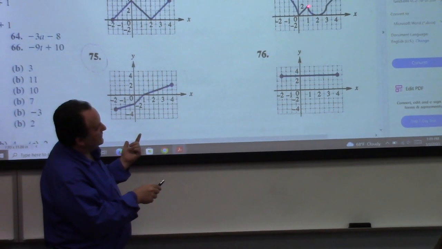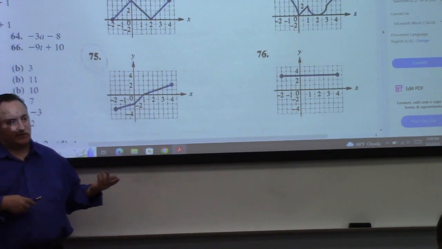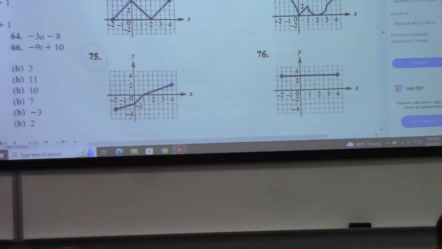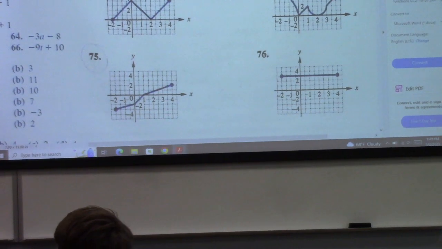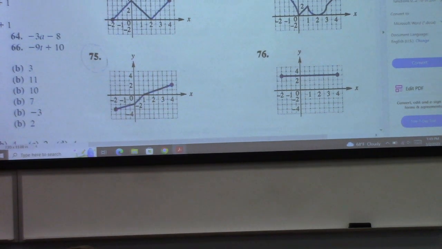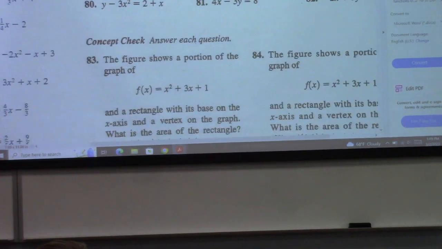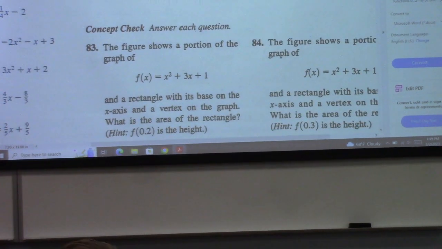It's increasing, then decreasing, then increasing. Does that make sense? It's like the common English meaning of decrease and increase. Of course, this one, in the language of the book, is neither increasing nor decreasing. It's constant, right?